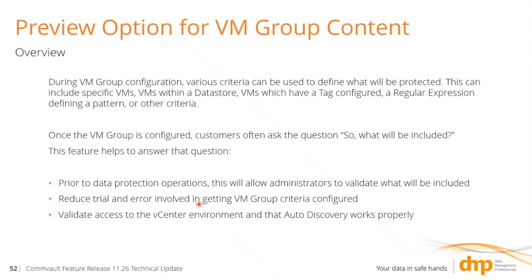Before running a data protection operation, you can validate what will be included, but also it will do a test to see if it actually can back up the data what you have defined. So is the access to the vCenter environment working? Is the auto discovery working? That is now possible within this new feature.